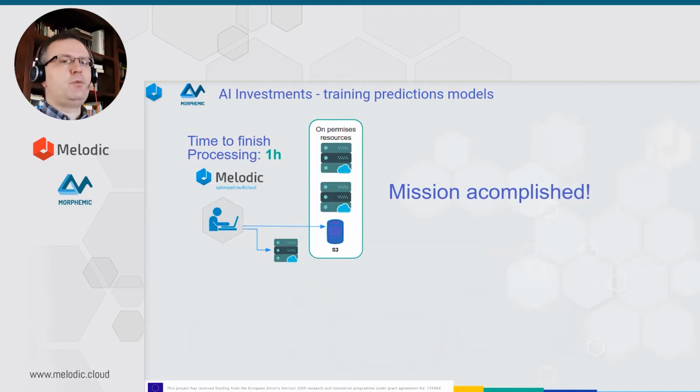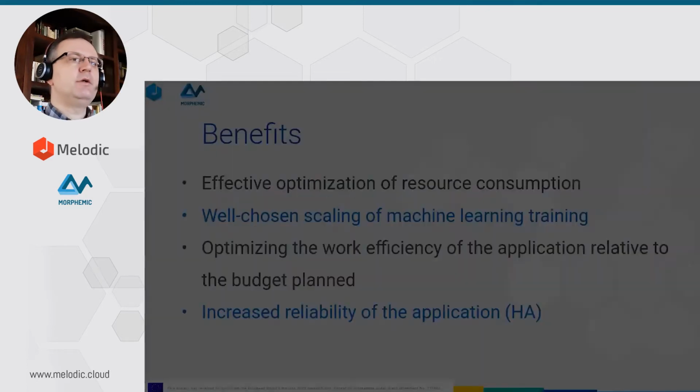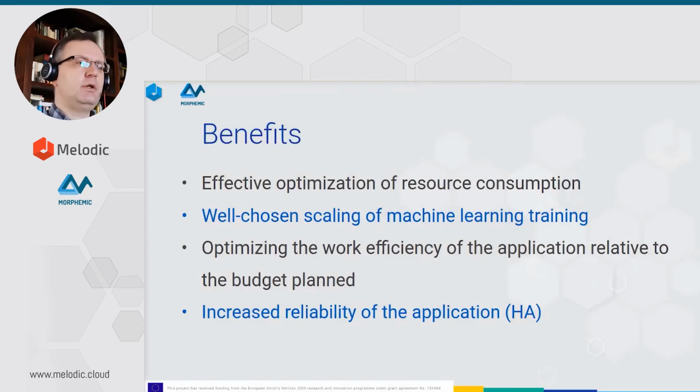I think it's quite simple, but the results of that optimization are very significant. So the benefits, from the AI investments point of view, are a very effective way of optimizing the resources. Melodic is very well suited for scaling machine learning training.